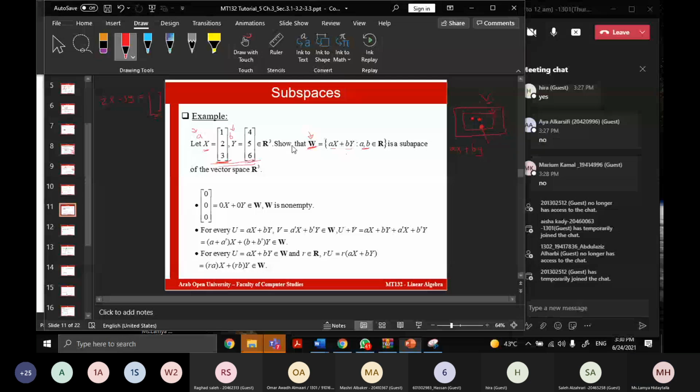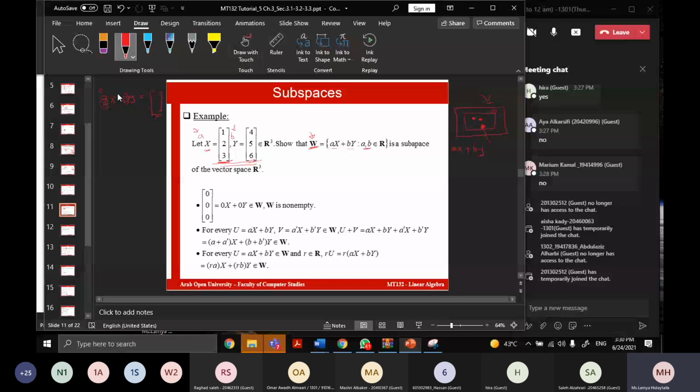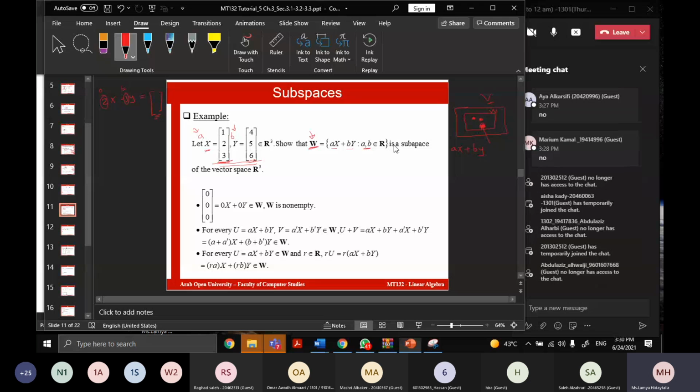Clear? If I took, second time, instead of 2 this is 3, say this is 0 and this is 5. Again, they are numbers. The resultant is here. Next time I took this is half instead of 2 and this is, say, 5 over 3. The resultant is here as well.